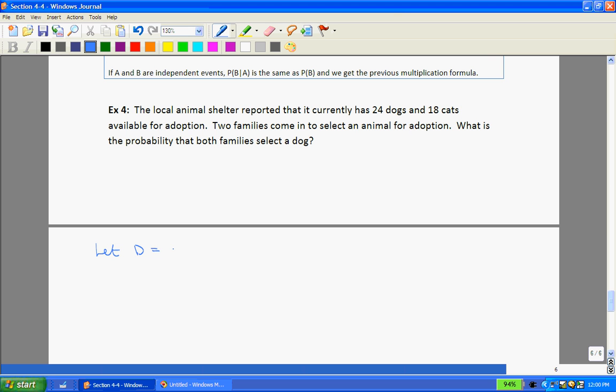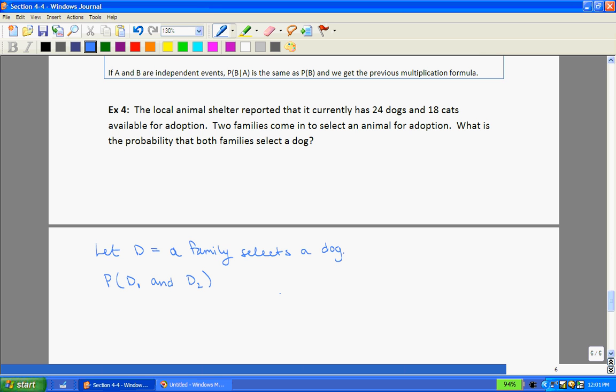Let D be the event a family selects a dog. So I'm looking for the probability that family 1 and family 2 select a dog.